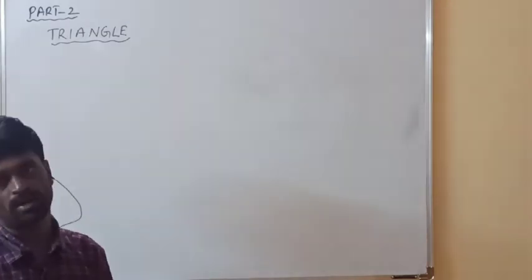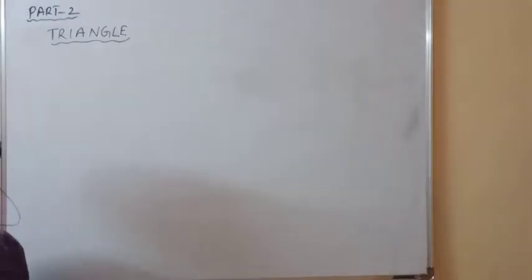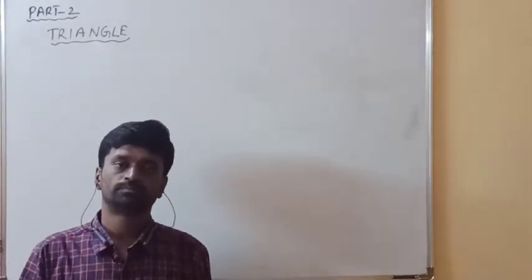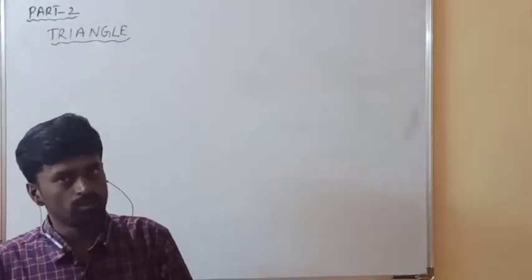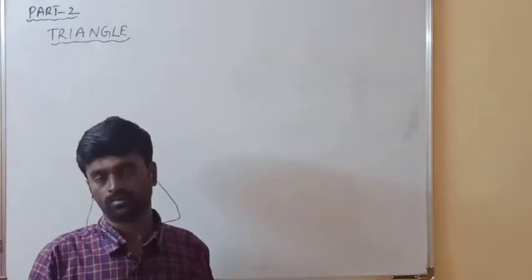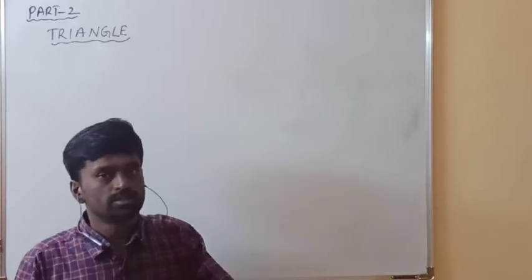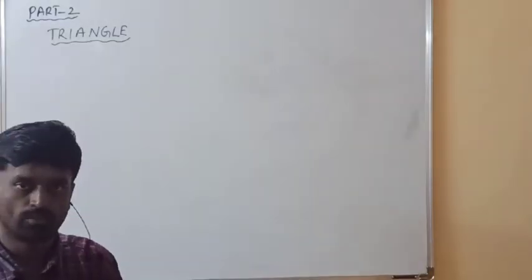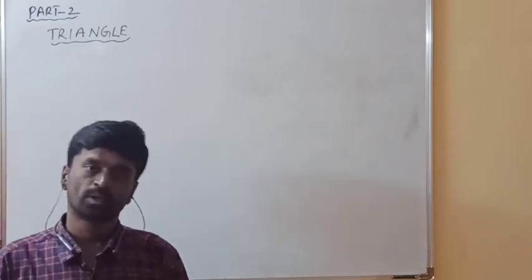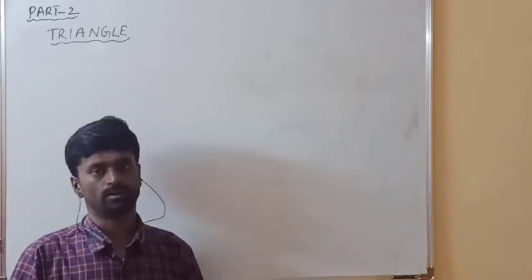Now types of triangles. First, the equilateral triangle. What is the definition of an equilateral triangle? A triangle is said to be an equilateral triangle if all of its sides are equal. Automatically each interior angle is equal to pi by 3, that is 60 degrees. Next, the isosceles triangle.